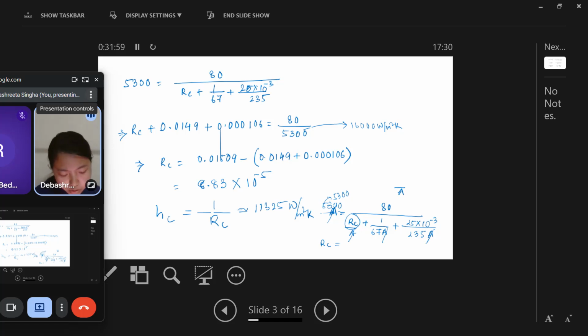So the answer will be around some power of 5, 1 point something into 10 to the power 5. So it will be like this. Okay, so just check the calculations.